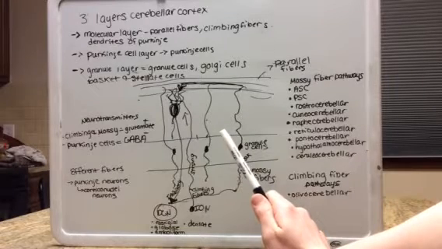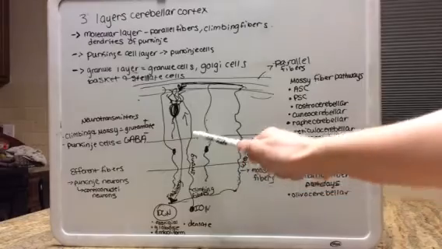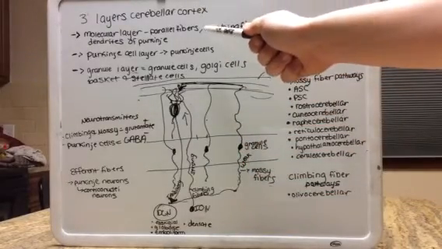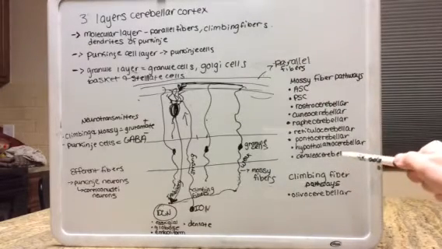So there are two afferent fibers that help bring info to the cerebellar cortex. We have the mossy fibers and the climbing fibers.